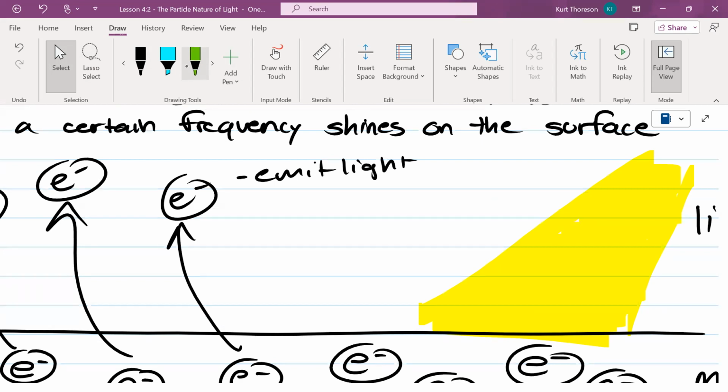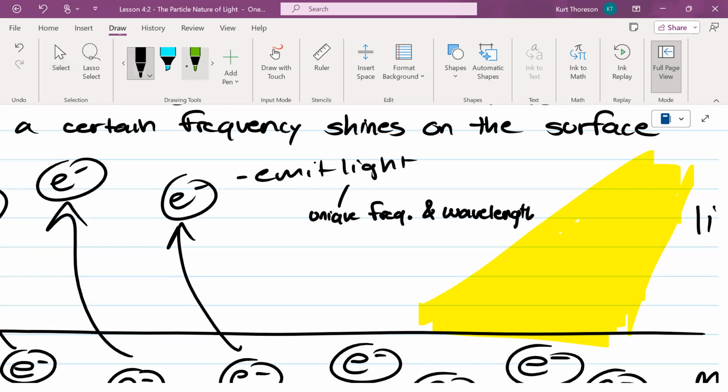The color, you're on the right track. Every color has a unique blank and blank. Frequency is one. Wavelength is the other. Whenever light shines down on metal, they emit light. And this light has a unique frequency and wavelength.